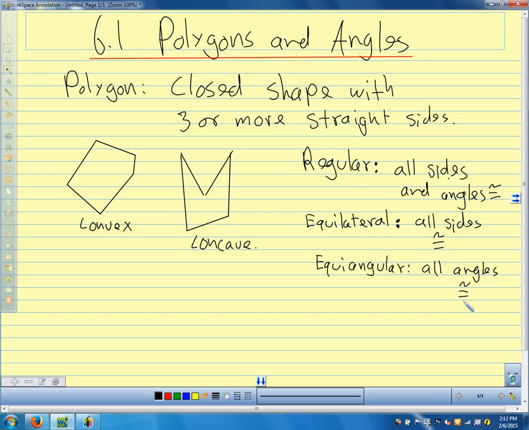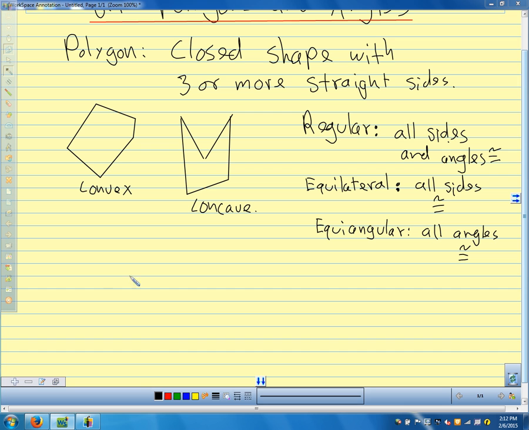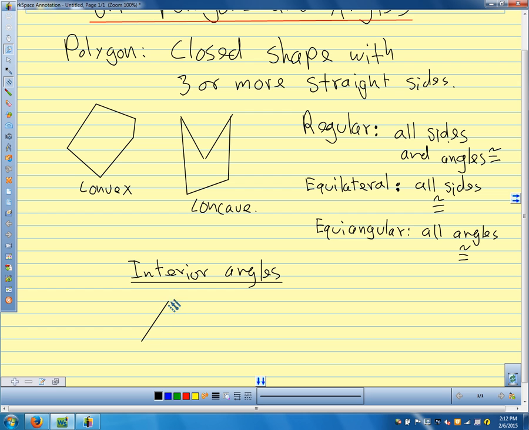All right. So what we're interested in first is what we call interior angles. And we've worked with interior angles of triangles before. They're just the angles that are inside. So if I have some kind of polygon, like so, just connect that up, the angles inside, this is an interior angle.